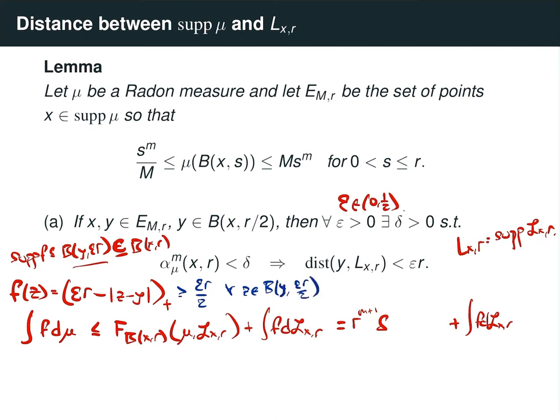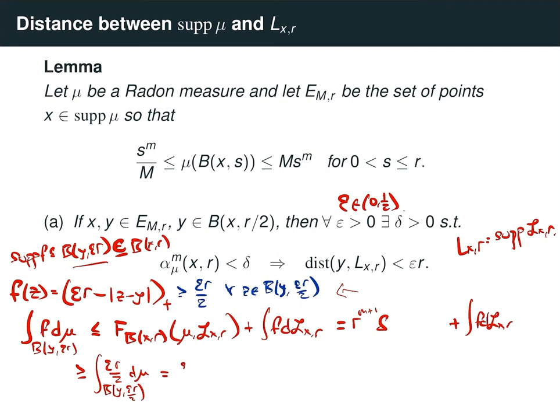Okay, so because f is supported inside the ball B(x, r), and in fact, it's supported inside the ball B(y, epsilon r), I can use this inequality right here to bound the integral from below. So this is at least the integral over B(y, epsilon r over 2) of epsilon r over 2 dμ.